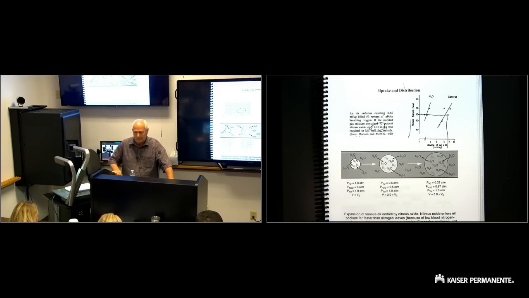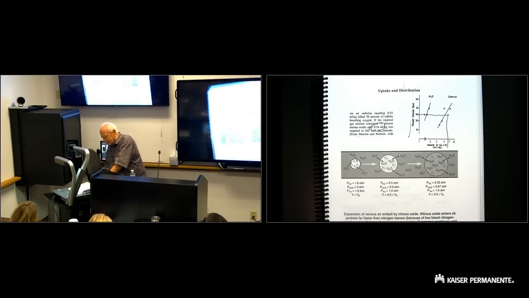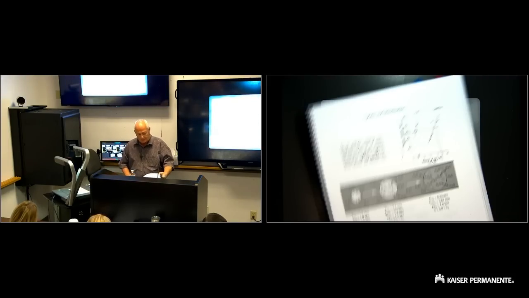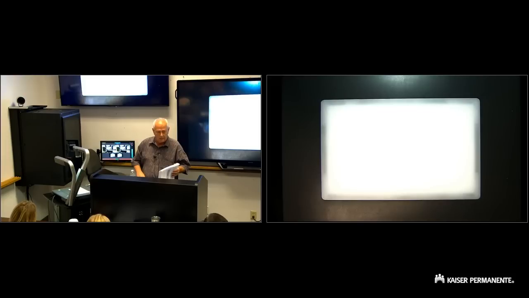And in procedures where air embolism is a possibility, we just won't use nitrous at all. So in certain neurosurgical procedures, in spine surgery, all these kinds of things, you learn about them as you go through anesthesia 4. We don't give nitrous oxide because nitrous can expand an air embolism. All right, see that?